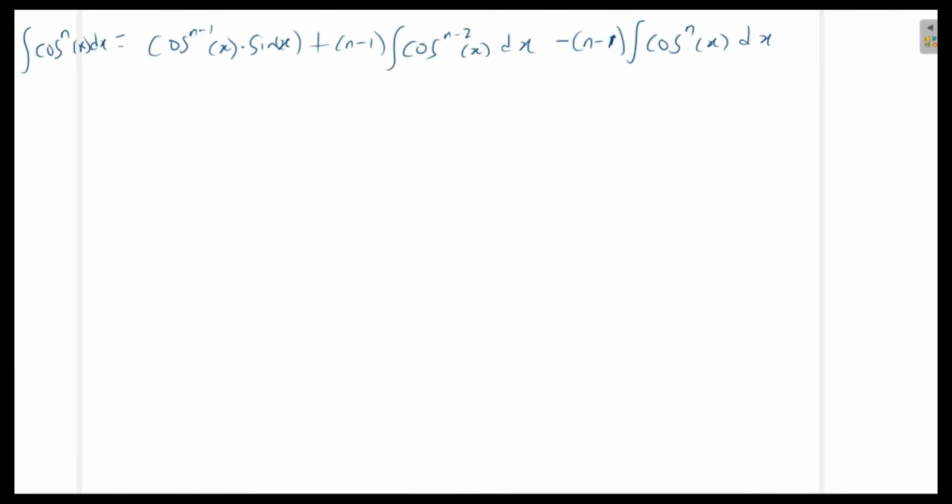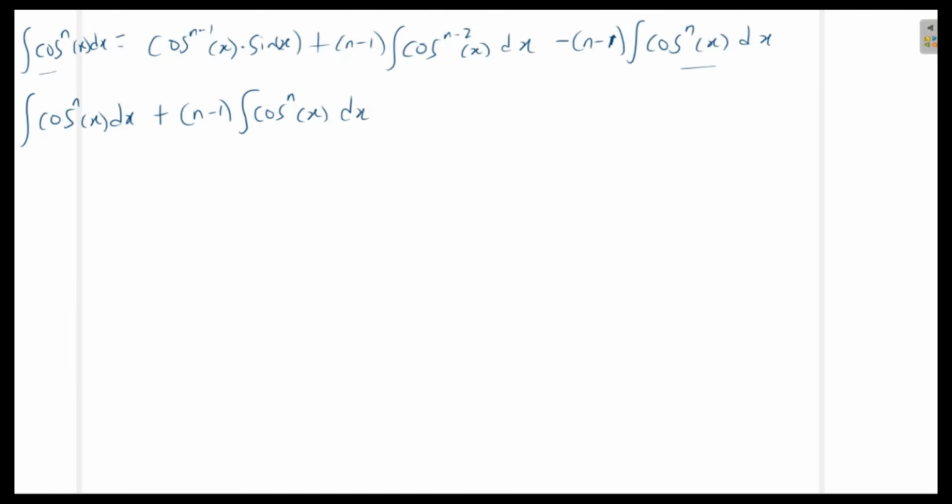Now you can see that this side and this side have like terms. So I'm going to group them. So I'm going to have the integral of cos to the power n of x dx. I will move this one to the other side, and it will become plus n minus 1, then the integral of cos n of x.